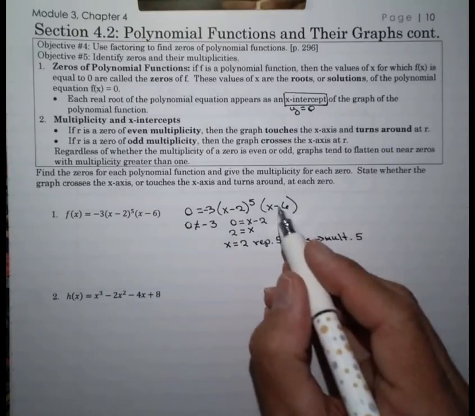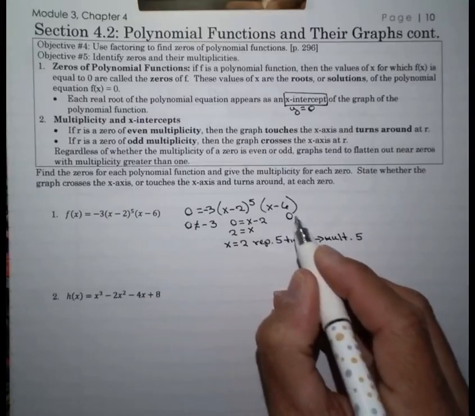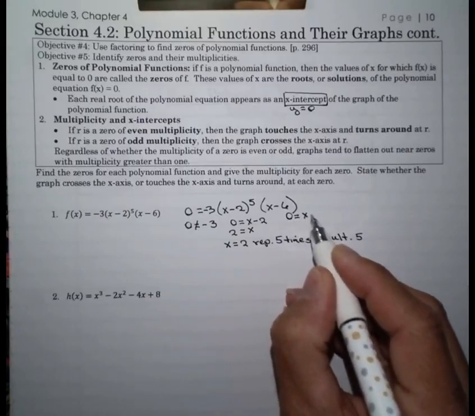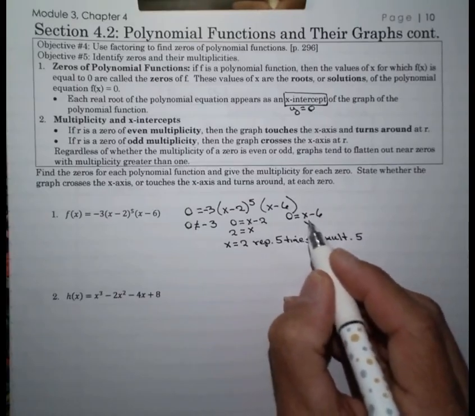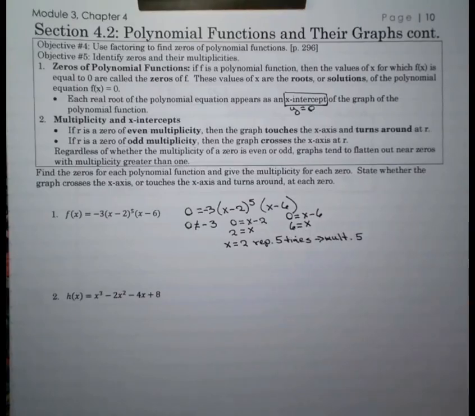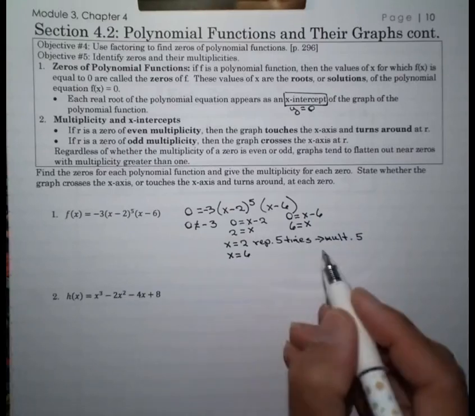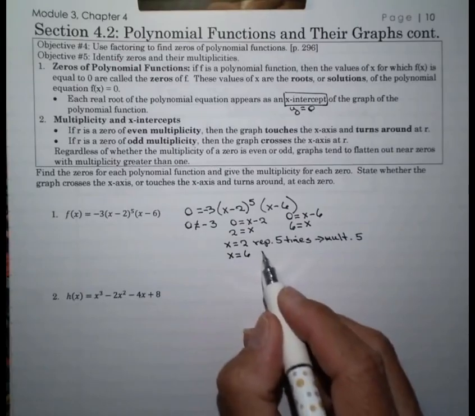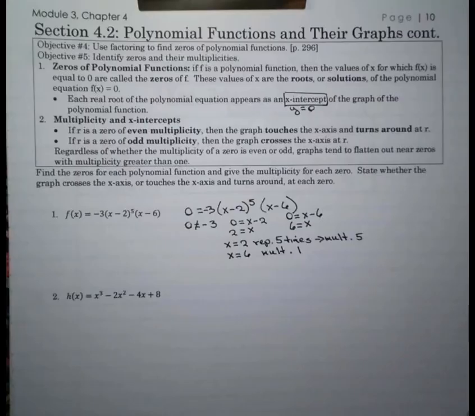Now let's look at another one. There's another factor in this graph that could cause us to have a zero statement, and it would be 0 equals x minus 6. And if we solve this one, we find x is equal to a positive 6. So I say x would equal 6. And how many times is it repeated? 1 time. So it has a multiplicity of 1. All right, that tells me something, doesn't it?